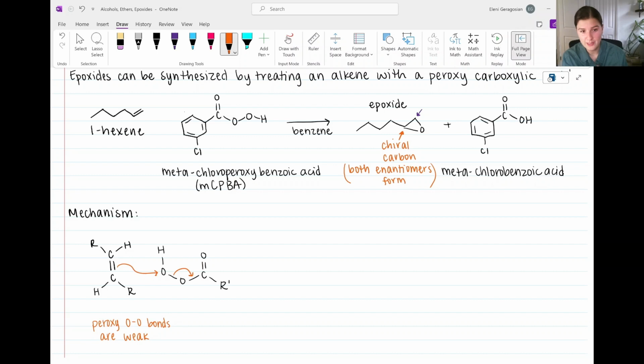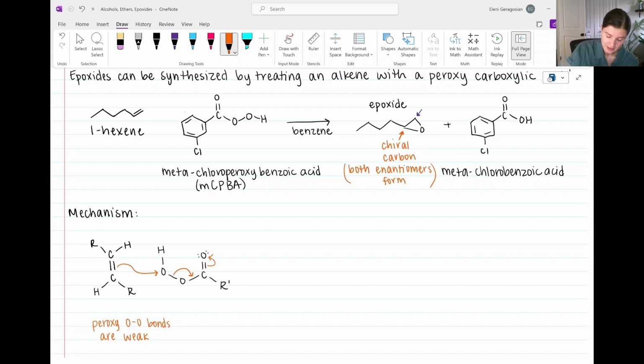Now that puts too many bonds on that carbonyl carbon. The carbonyl carbon double bond to oxygen will break and form a bond to the carbonyl oxygen. Now we have a single bond between that carbon and the oxygen.